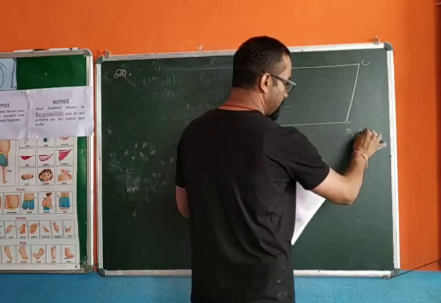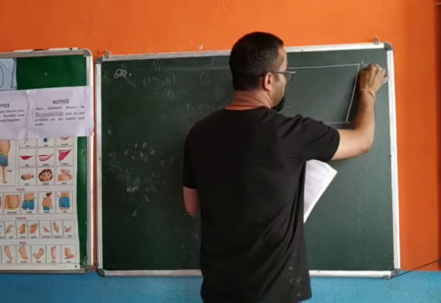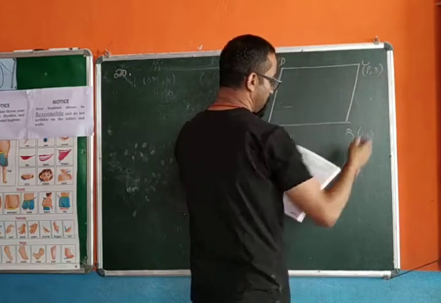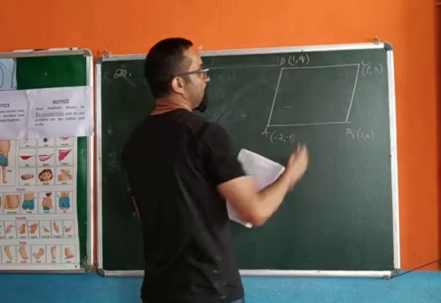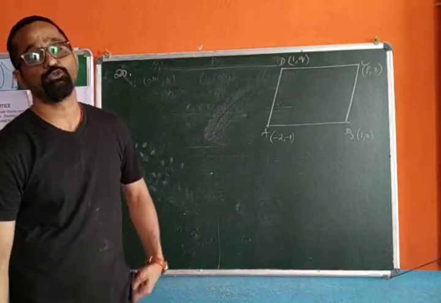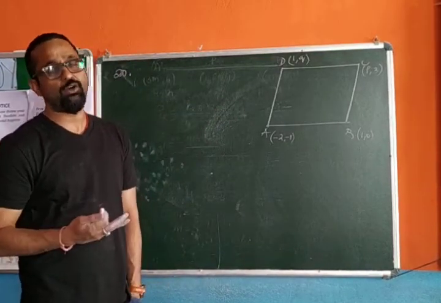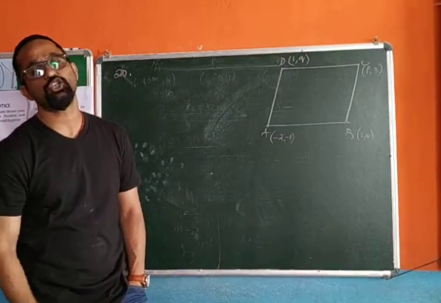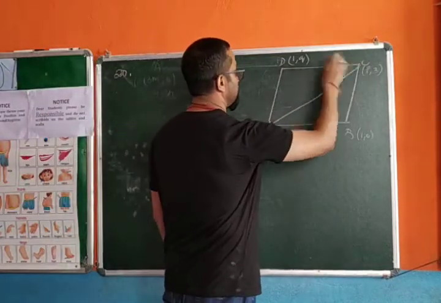B has coordinate 1 comma 0. C has coordinate P comma 3. And D has coordinate 1 comma Q. Question says that find the value of P and Q. You cannot solve it without using a condition. Join diagonals.